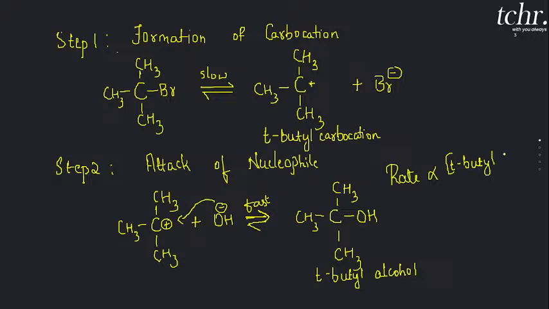Okay, the concentration, what is the concentration of tertiary butyl bromide you have taken. So the rate of the reaction depends on the concentration of tertiary butyl bromide, not on the hydroxyl ion. It doesn't depend on the hydroxyl ion. So since it depends on only one of the reactants, the order will be 1.